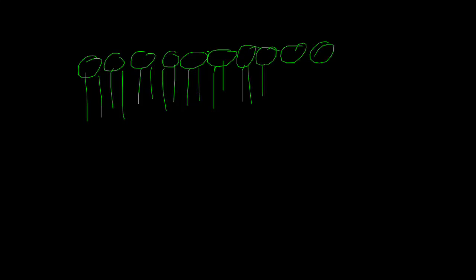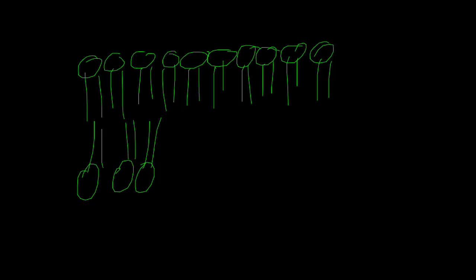Now, inside the membrane of a cell, there's going to be lots of proteins embedded into the membrane. And the proteins have many functions. Probably the top two functions would be cell identification and transport of materials across the cell membrane.